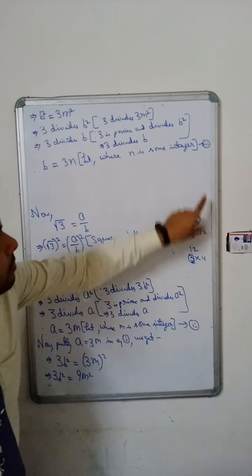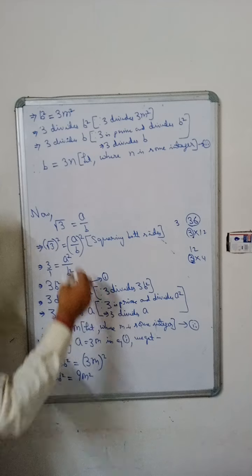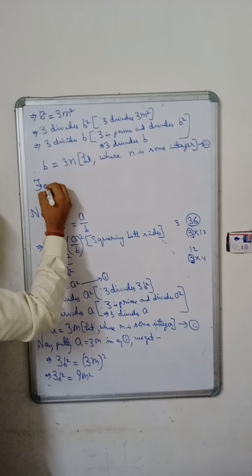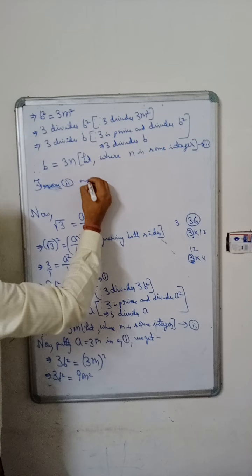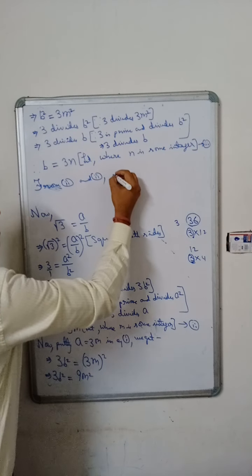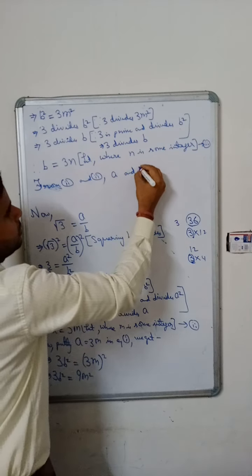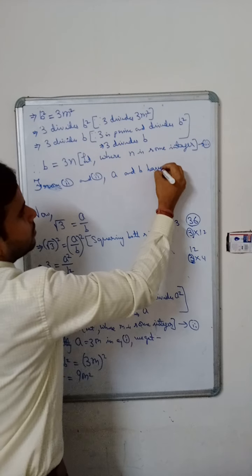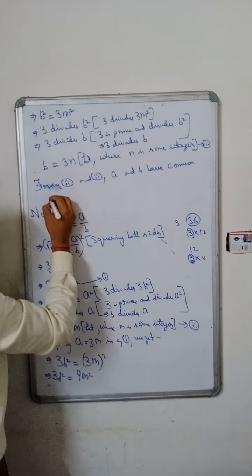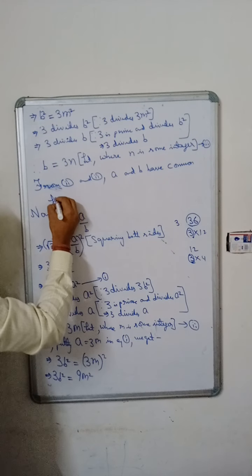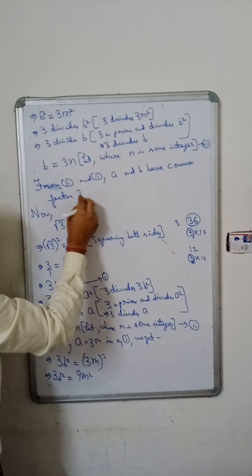Now from 2 and 3 we come to the conclusion that a and b have a common factor, and what is that common factor? 3. 3 is the common factor.